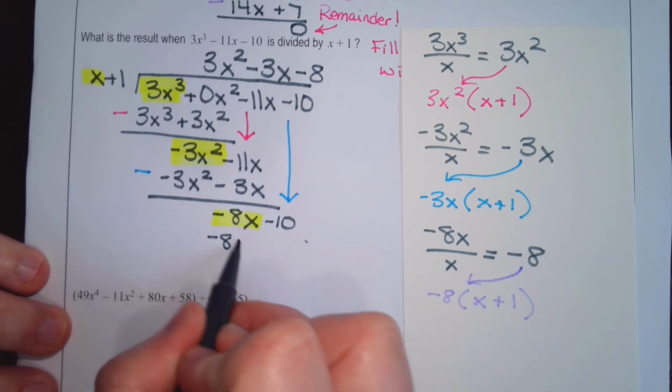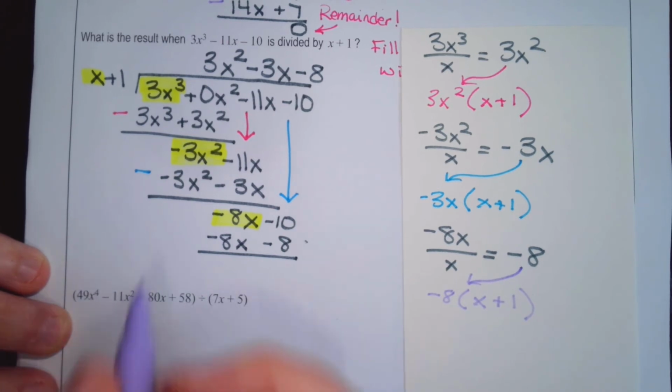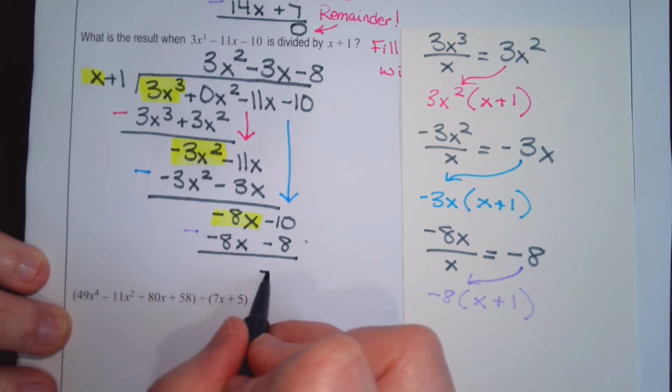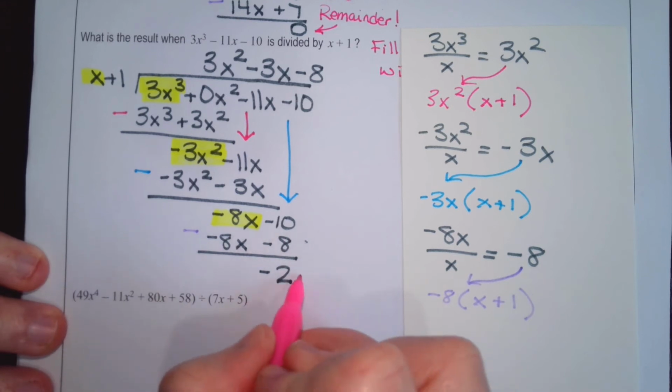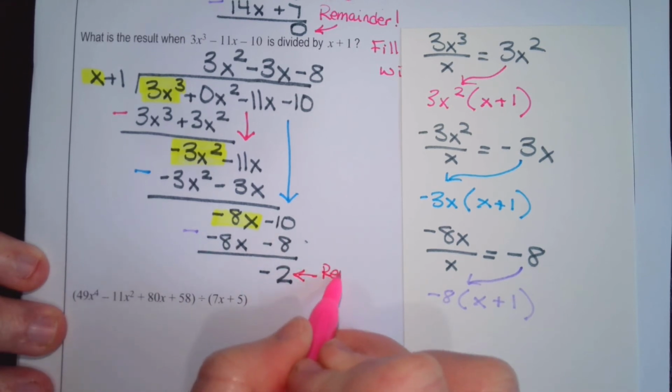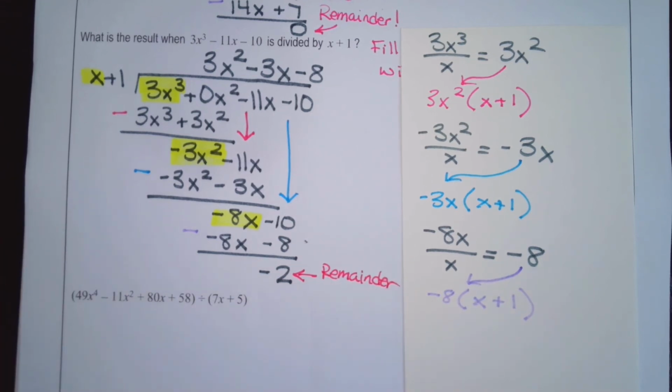So negative 8x minus 8. We subtract. So negative 10 minus negative 8 is going to be negative 2. And again, this is our remainder, because we actually have an integer as our remainder.